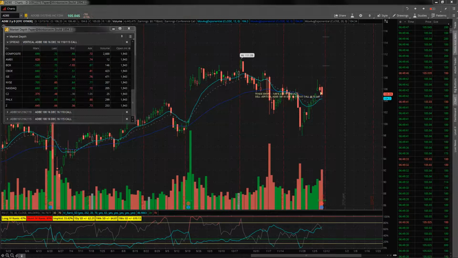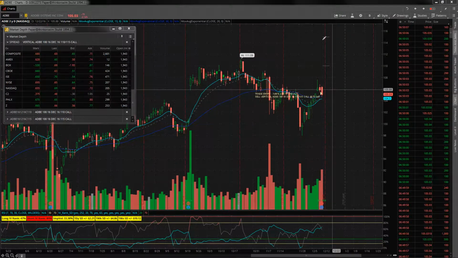That would add some extra credit for no additional margin or additional cost. Another 65 cents would be quite nice per contract, of course. Tempting, very tempting.